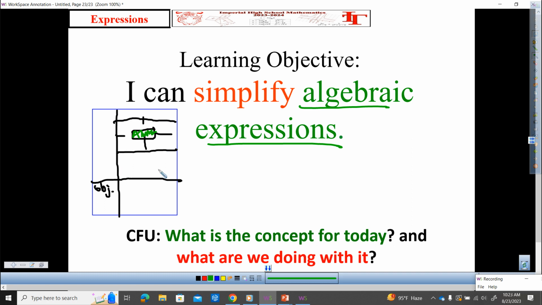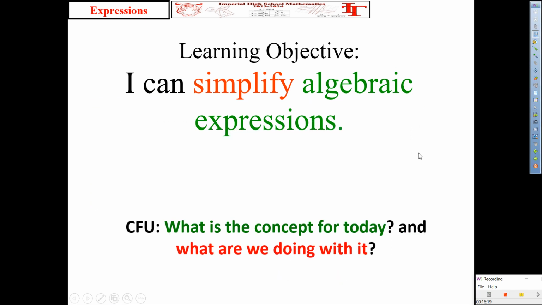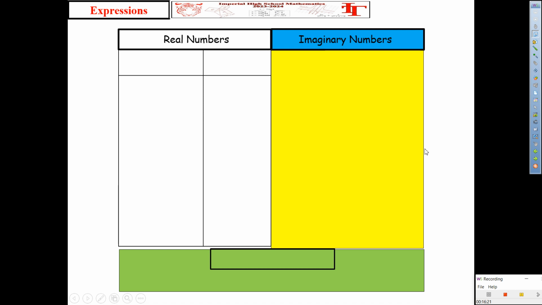So I want you to turn your paper over or go to the next blank sheet, and I want you to draw this table, please. About 7 lines down the whole table, anywhere on your paper, that's fine. This is probably the width of the page, that's fine.